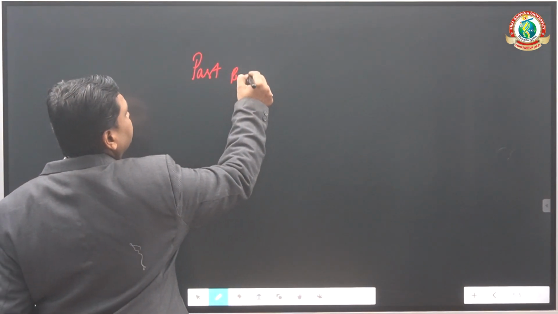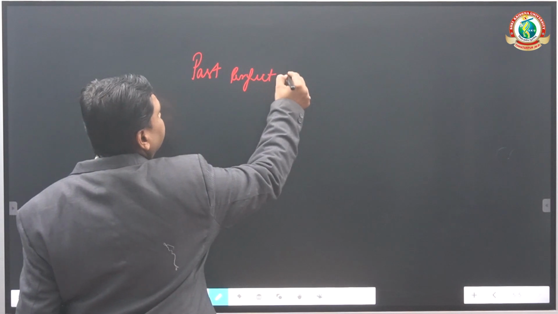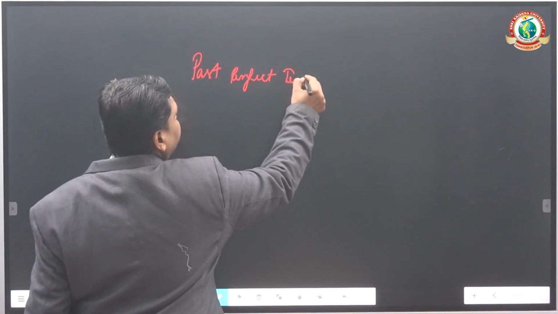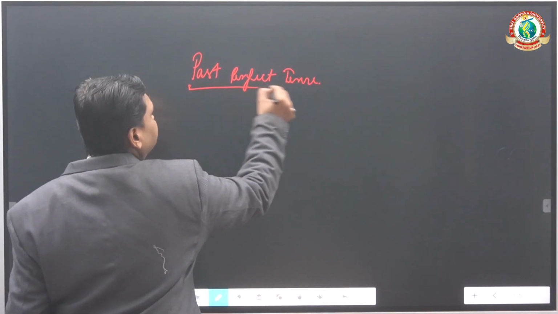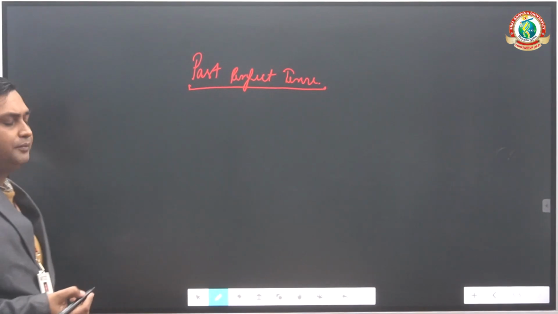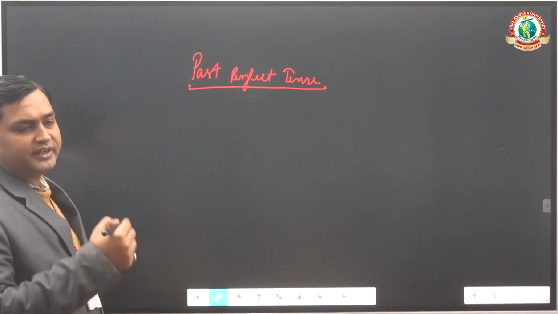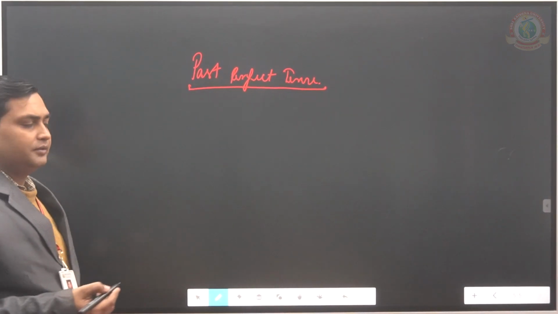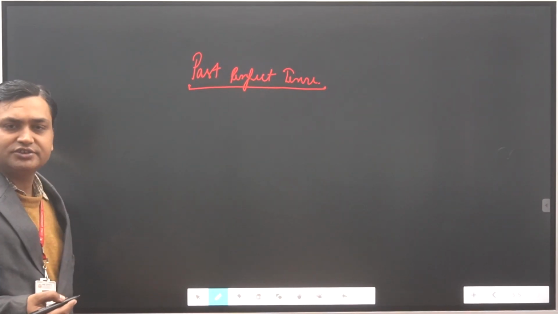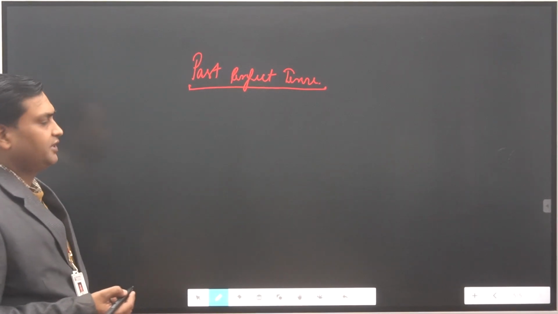Past perfect tense. Firstly, we should know what past perfect is. In past perfect tense, there is use of had, and after that the third form of verb. This is of past perfect tense.